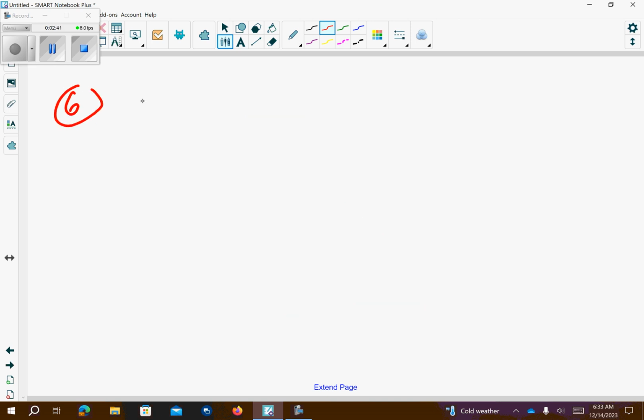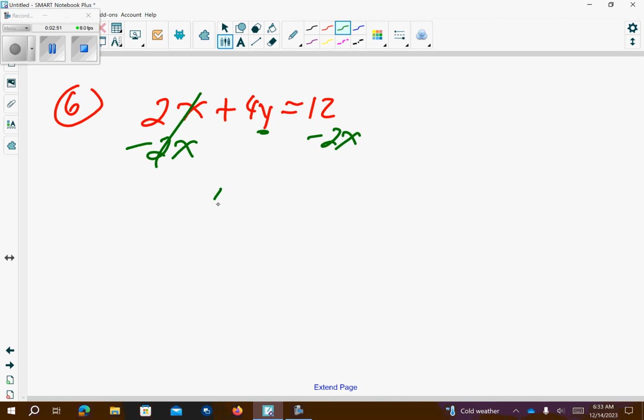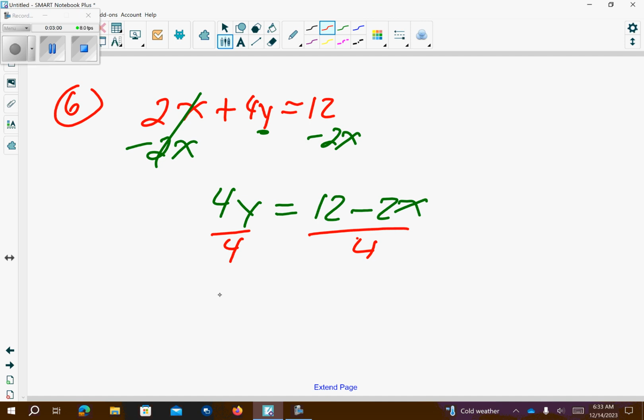Number 6, we have 2x plus 4y is equal to 12. We want to get y all by itself, so I'm going to subtract 2x because it's positive 2x as it sits. Those cancel. So 12 minus 2x. Divide each side by 4. And let's see how the answers are written. Oh, okay. So make sure you realize that I can break this to look like this.